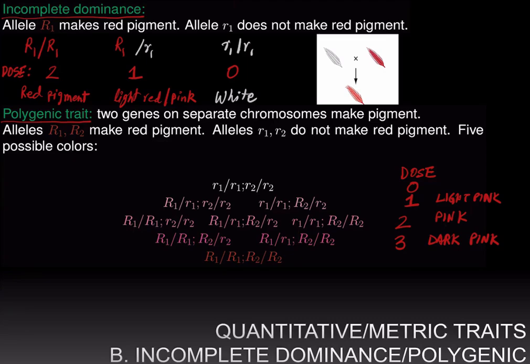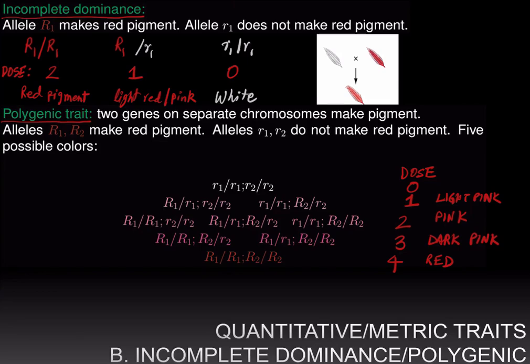And finally, if you are homozygous for both big R1 and big R2, giving you 4 pigment making alleles, then you have a dose of 4, and you will have the darkest red color that is possible.